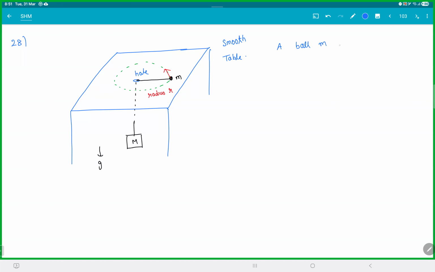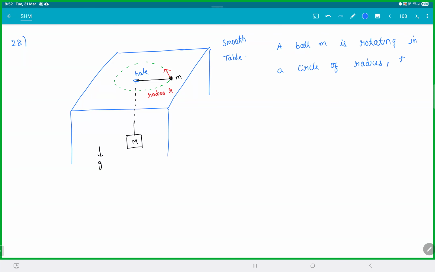So a ball of mass m is rotating in a circle of radius r. What speed? Not given.